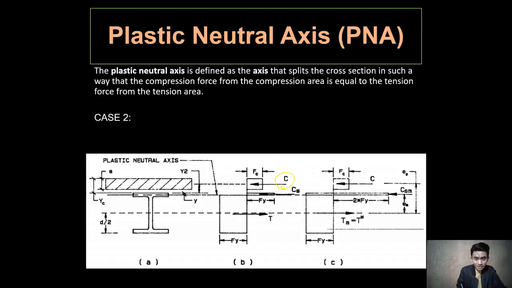That is why I have here C sub S. The remaining part of your I-beam belongs to your tensile force.